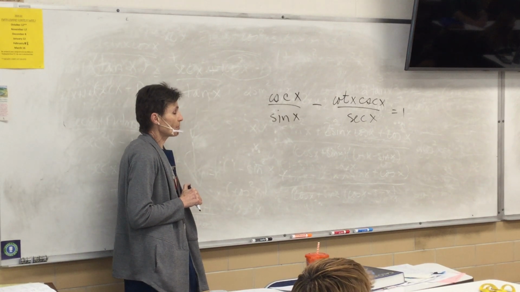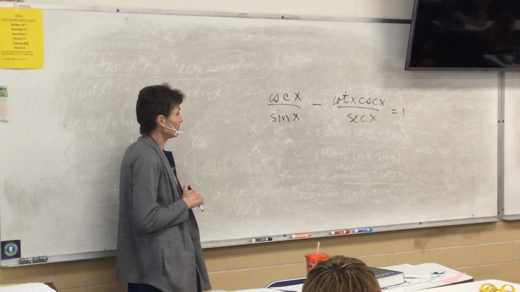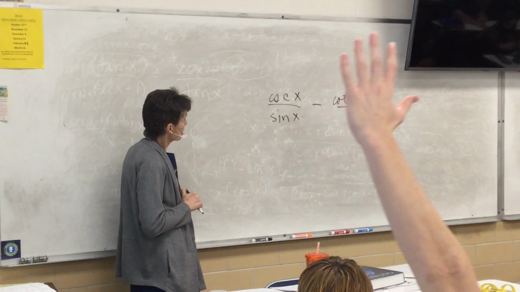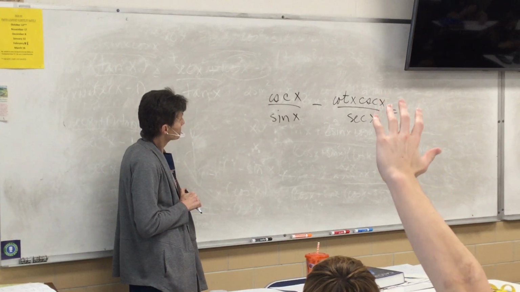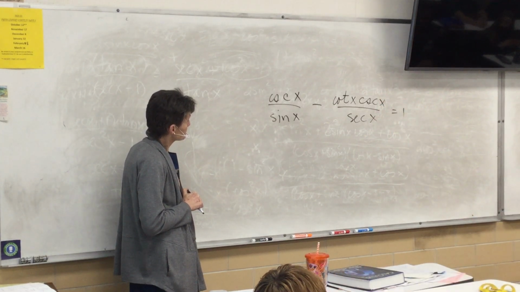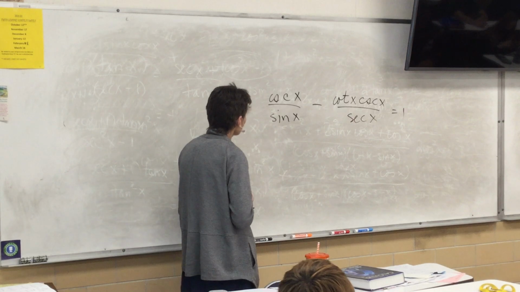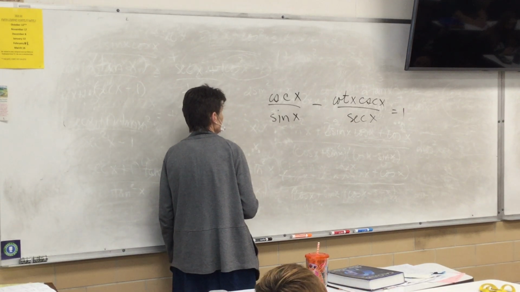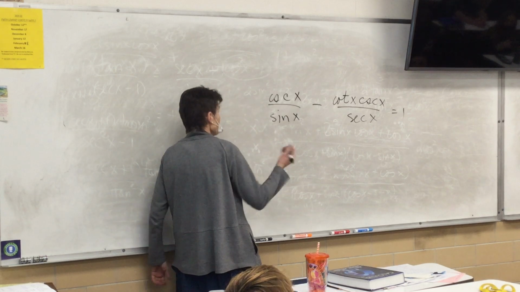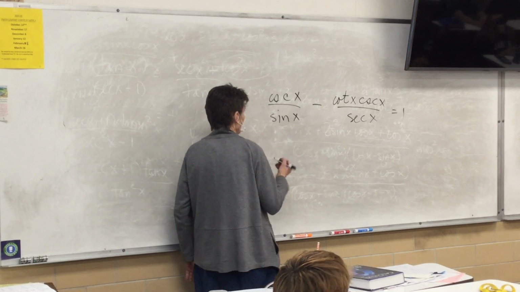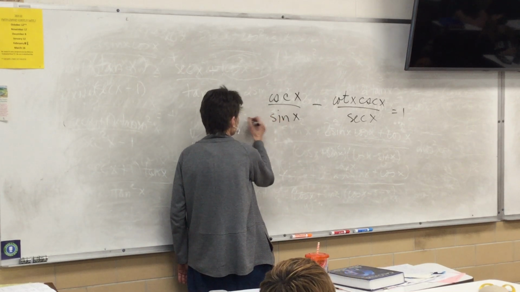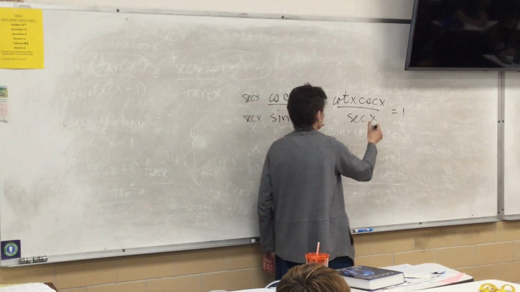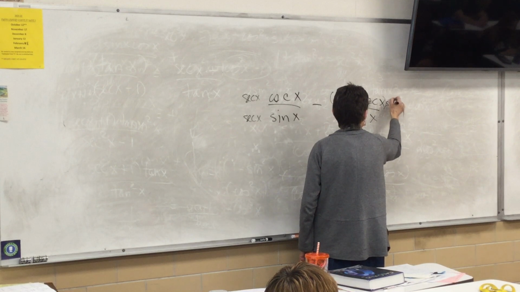Okay, what are some thoughts that you had on this? Okay, we can do that if you want to. Let's just go with the suggestion. So this one needs a secant, and this one's going to need a sine.